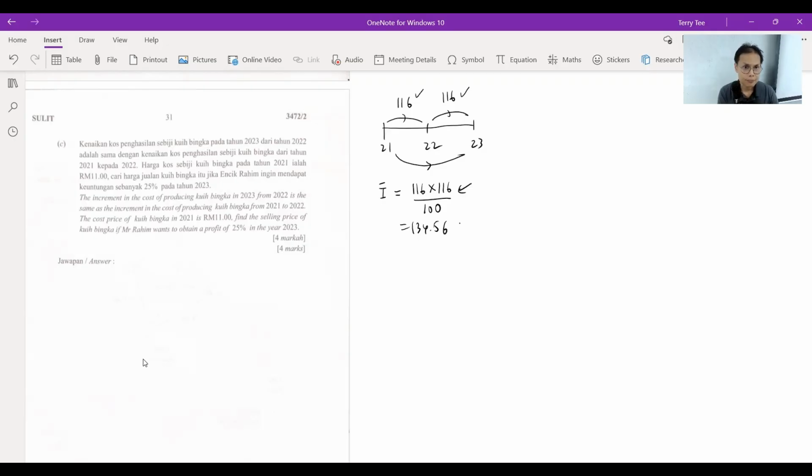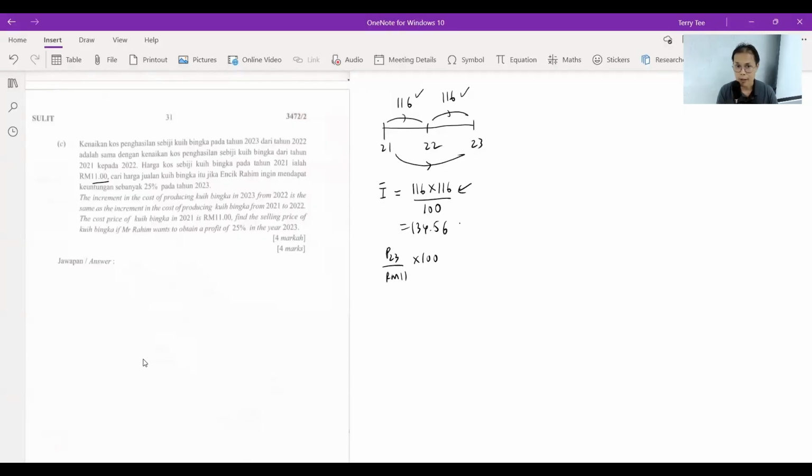Then they say that harga kos sebiji kuih bingka pada tahun 2021 ialah RM11. Alright, so we want to find the harga jualan jika Encik Rahim ingin mendapat keuntungan sebanyak 25%. Okay, so first of all, you have to understand your cost has gone up. In 2021, the cost is RM11.